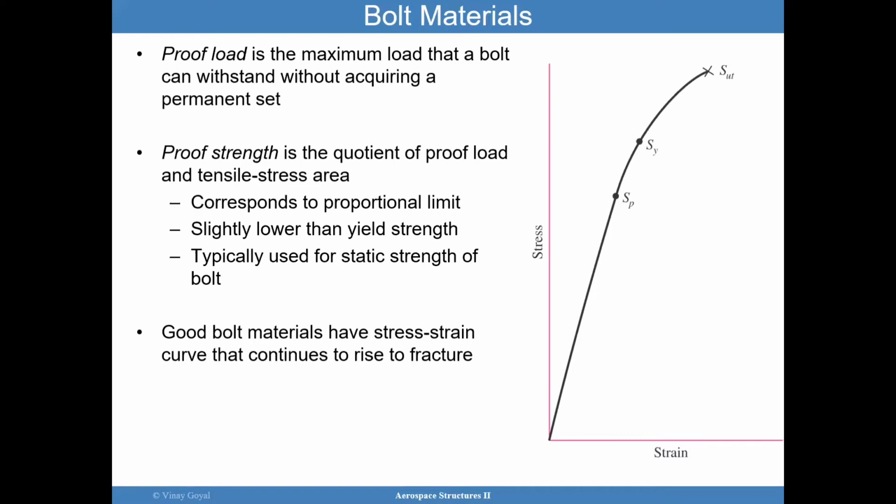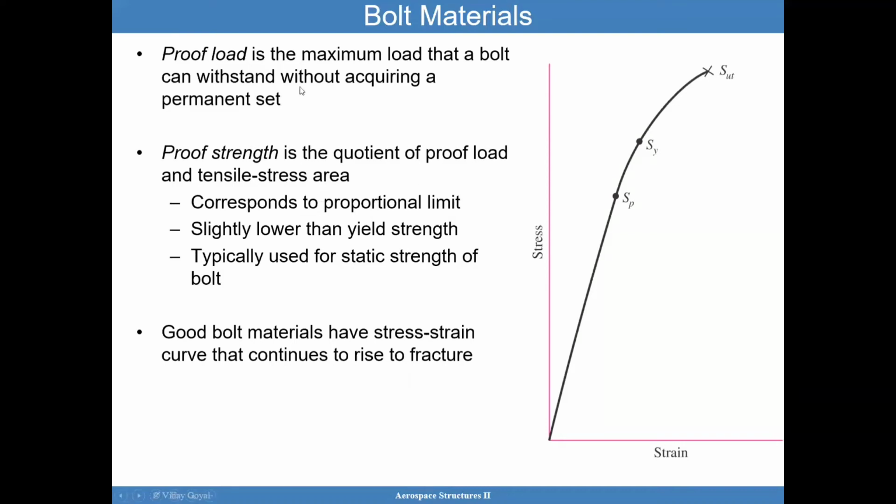The proof load is the maximum load that a bolt can withstand without acquiring a permanent set. Here, proof load is not the same thing as proof testing a bolt in the sense of checking workmanship. Proof load really means the maximum load a bolt can take without having any permanent deformation. Then we have something called the proof strength, which is the ratio of proof load to tensile area.